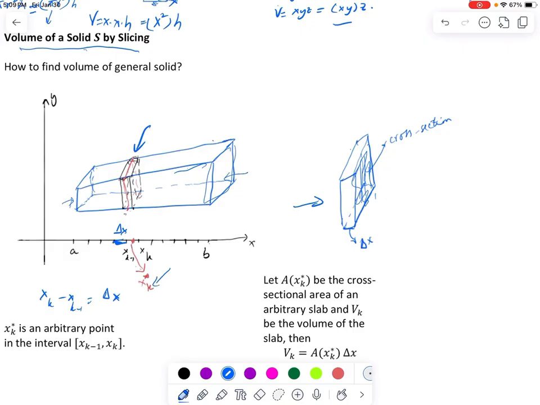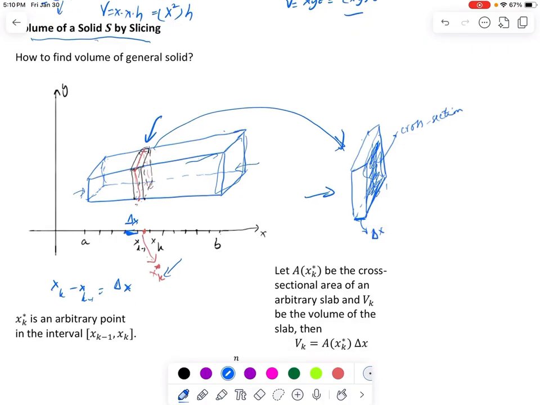Then on that interval, we have a slab or slice of the shape cut out, and I brought this slice over here, just zoomed in. The area of the cross section will be this piece, and the thickness is delta x.